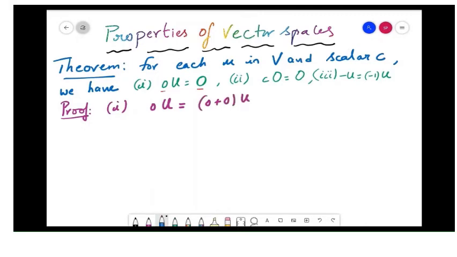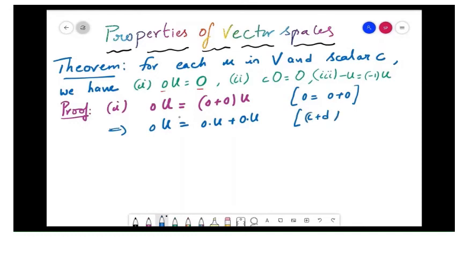The scalar 0 on the left hand side, I wrote as 0 plus 0, which implies 0 into u is equal to, on the right hand side, applying the distributive property from the definition of the vector space, 0 into u plus 0 into u. What did you have in the definition? (C plus D) into u is equal to C into u plus D into u.